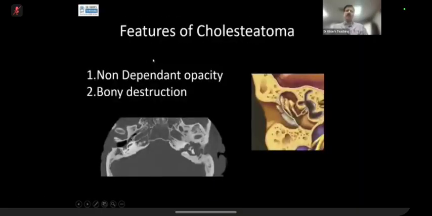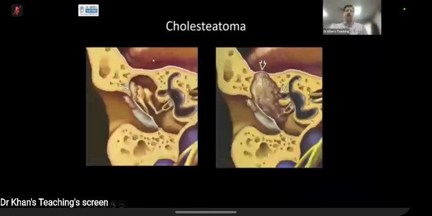With that background, if you see this picture here, what is happening? This is a classical cholesteatoma, which is at the Prussak space. If you are an ENT specialist and you are doing otoscopy here, you will actually see an early white type of appearance.